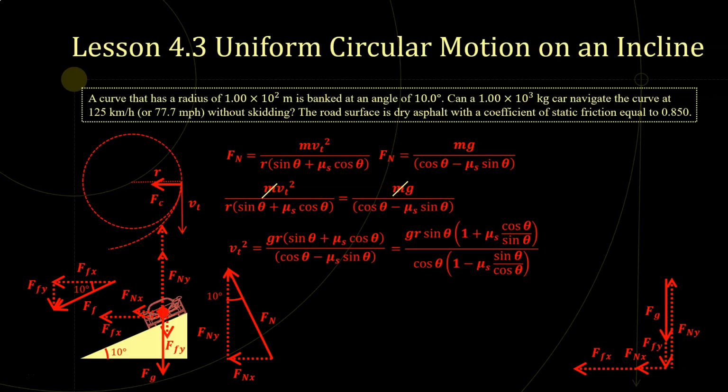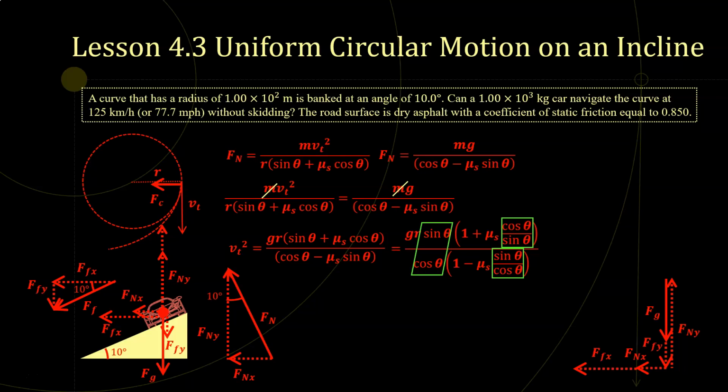I'm just going to note that I have some trigonometric expressions here that I know how to combine. Anywhere I have a sine of theta divided by cosine of theta, I know that's going to be a tangent of theta. And then cosine divided by sine is just going to be the flipped over version of that, the cotangent of theta.